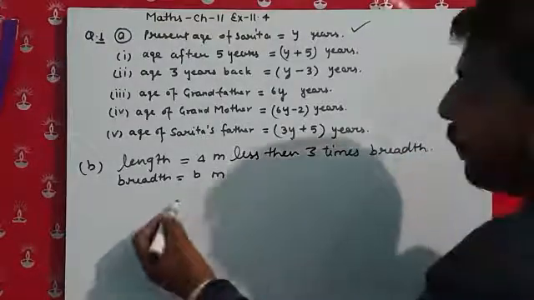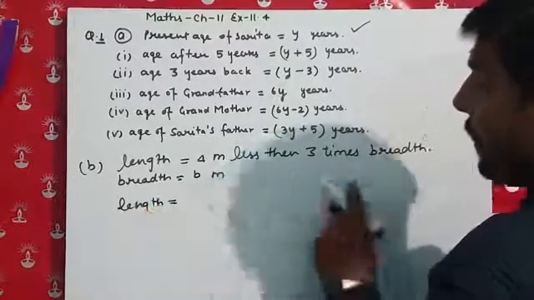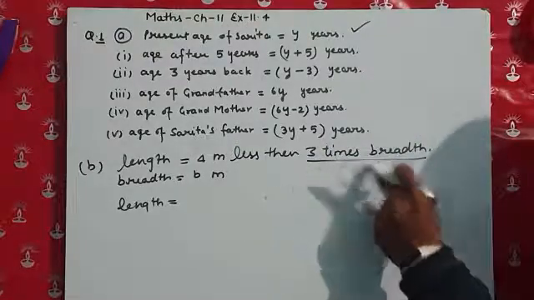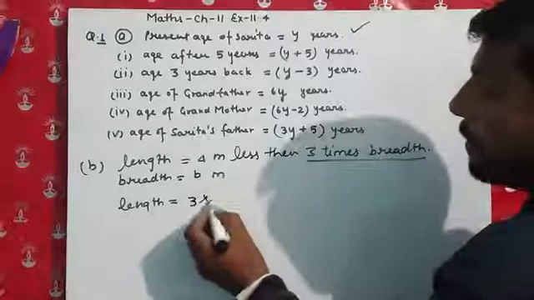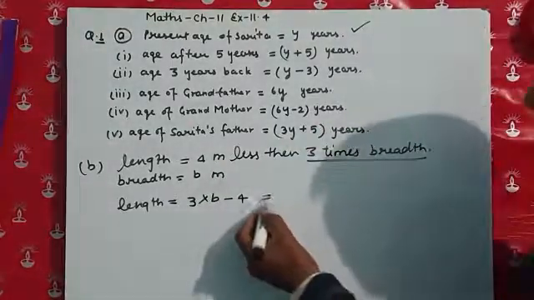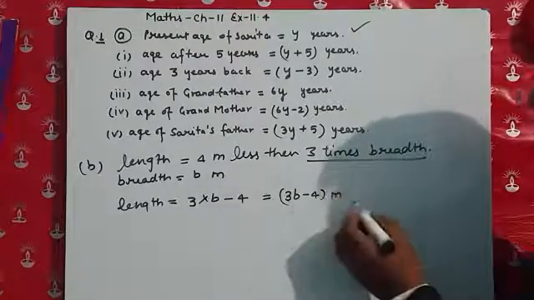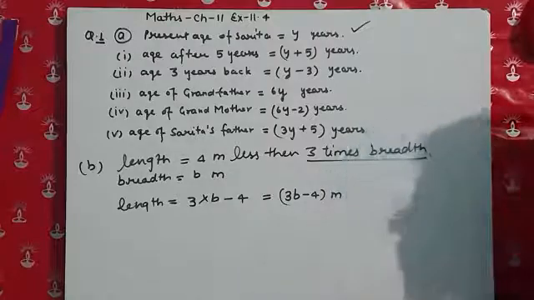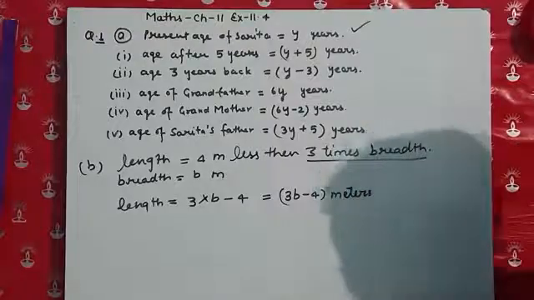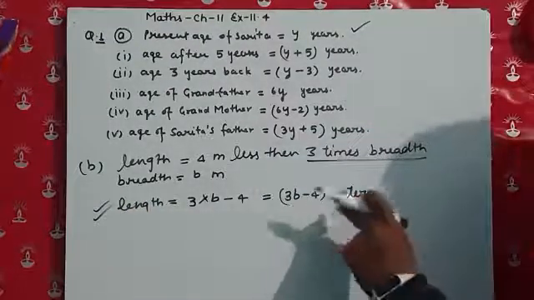So what will the length become? First we will solve this part: 3 times the breadth, and 4 less means we have to subtract 4. So the length will be 3b minus 4, and this answer will be in meter because the units are given in meter. Here m is representing the meters. Clear? So the length will be 3 into b, that means 3b minus 4 meter.